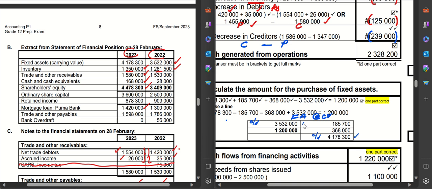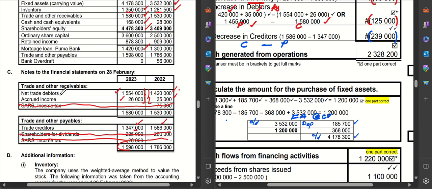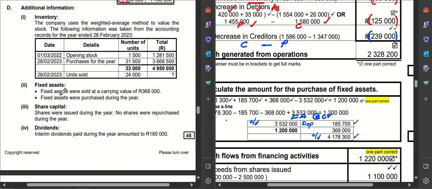And then here you're going to get your depreciation, 185,700. And did we purchase any asset? Okay, so we're told fixed assets were sold at carrying value, 368. So this becomes your disposal at carrying value. This is what we were looking for, the assets that were purchased.